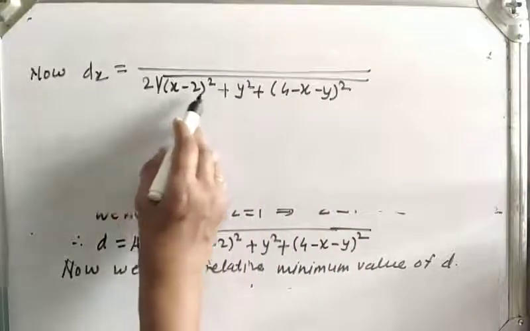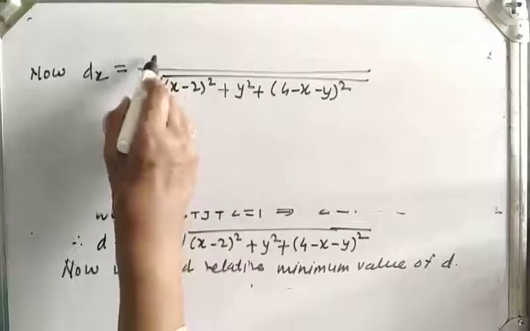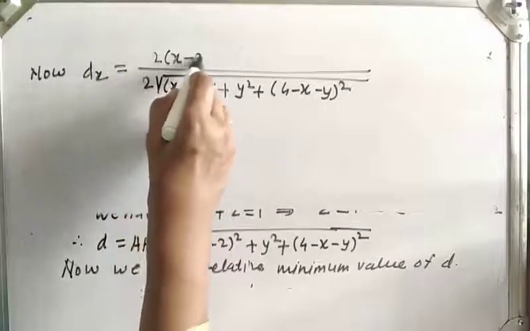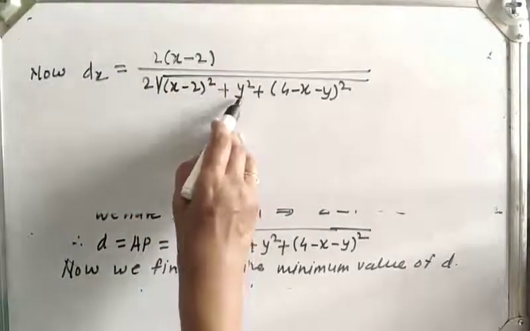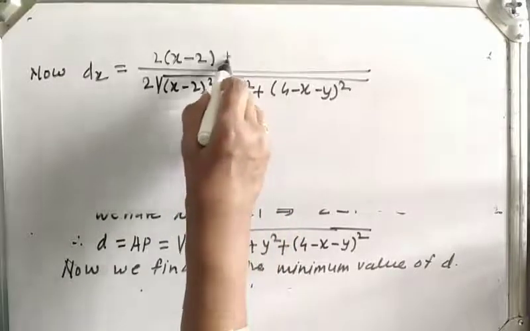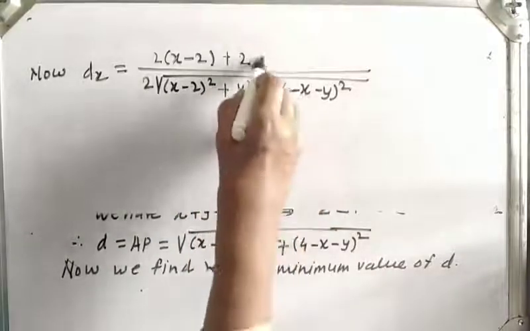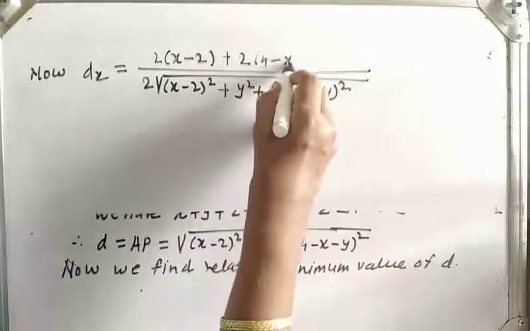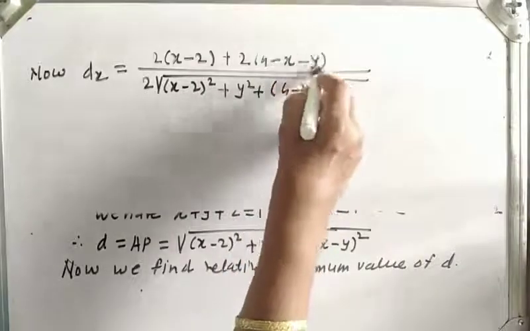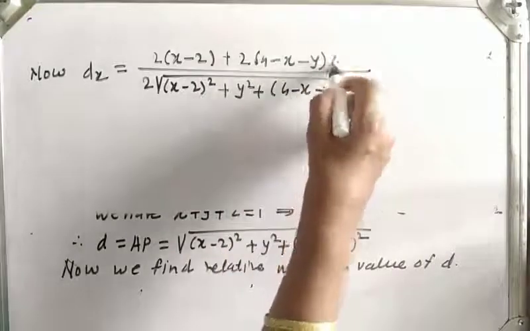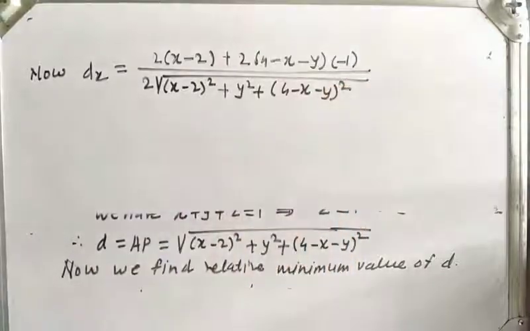What will be that? (x minus 2) square, its derivative will be 2 into (x minus 2), and the derivative of y square is 0. Its derivative will be 2 into (4 minus x minus y). Again the derivative of minus x will be minus 1.